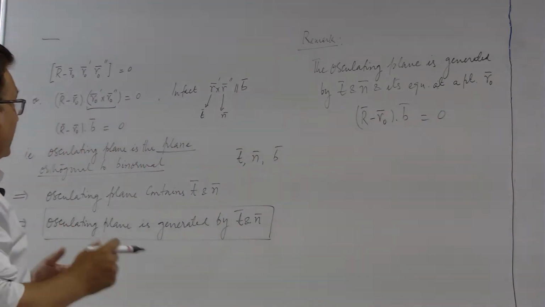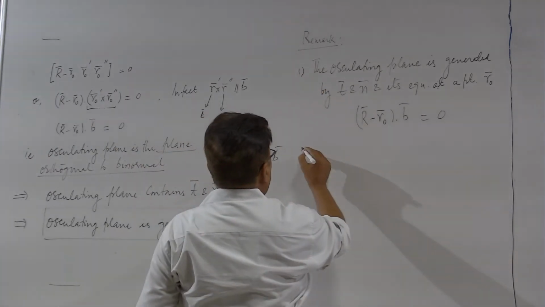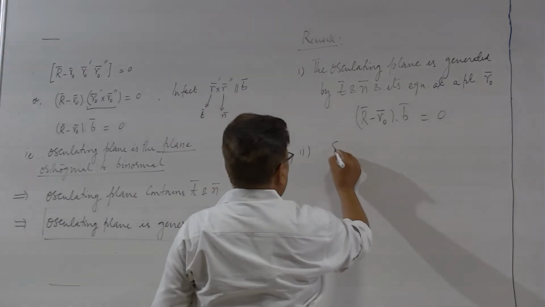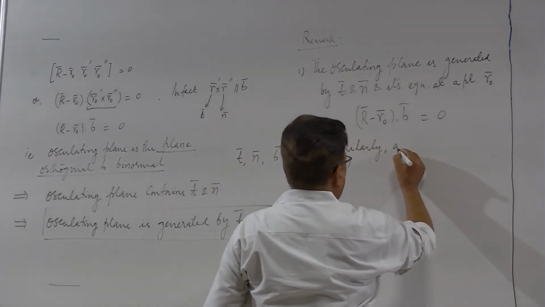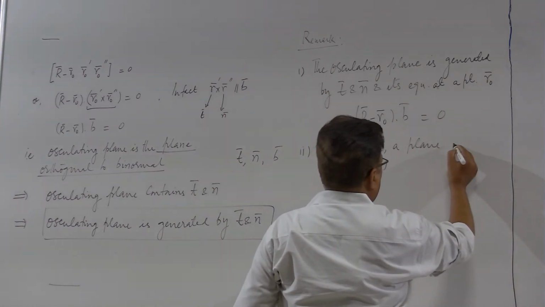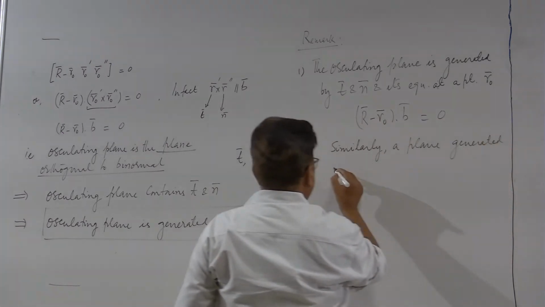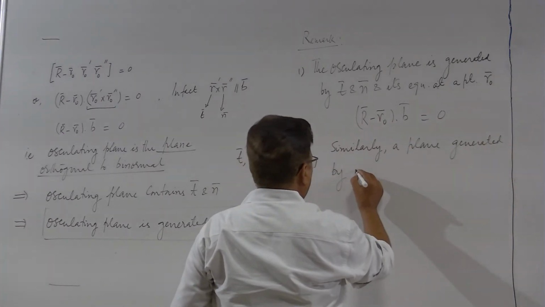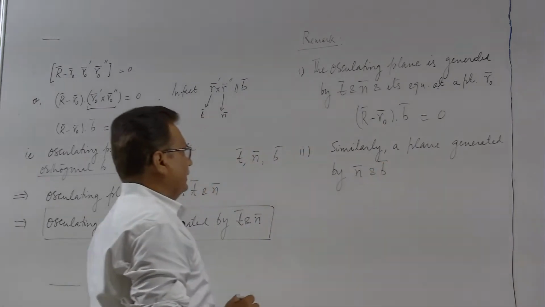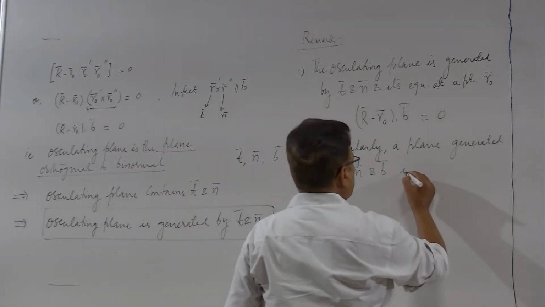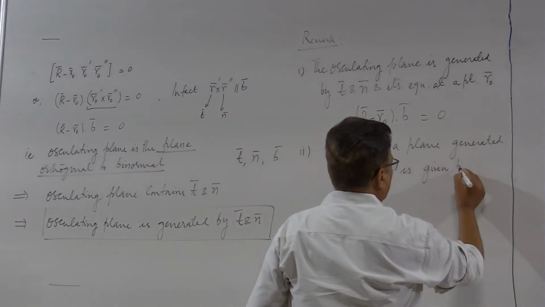Now, we think of other planes. Similarly, a plane generated by principal normal n and binormal b is given by the following equation.